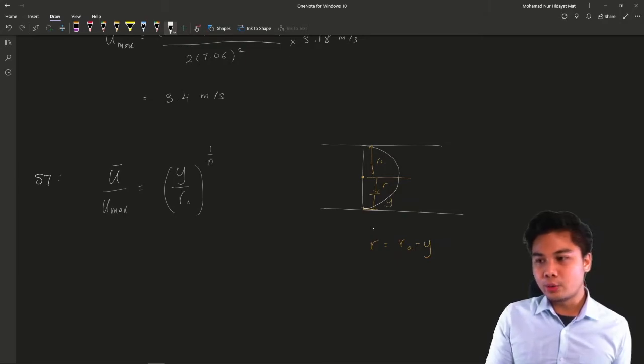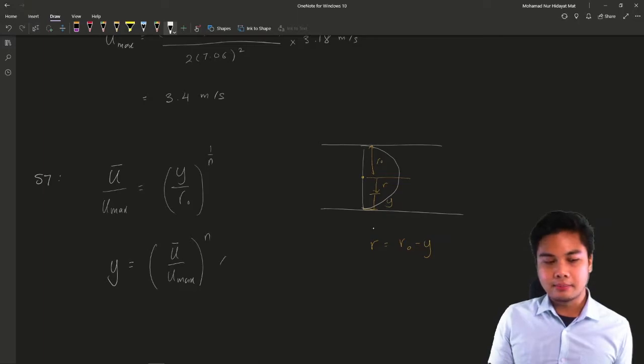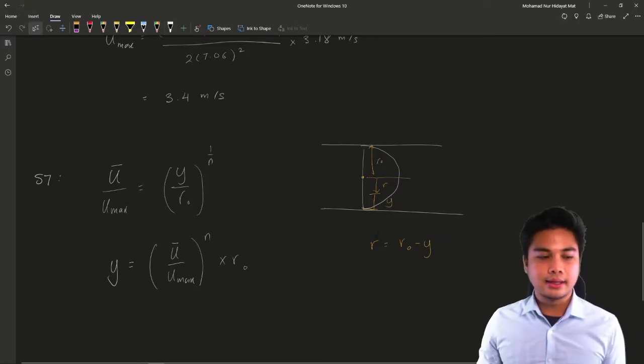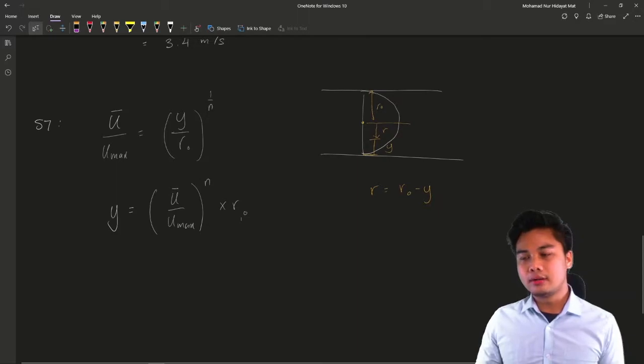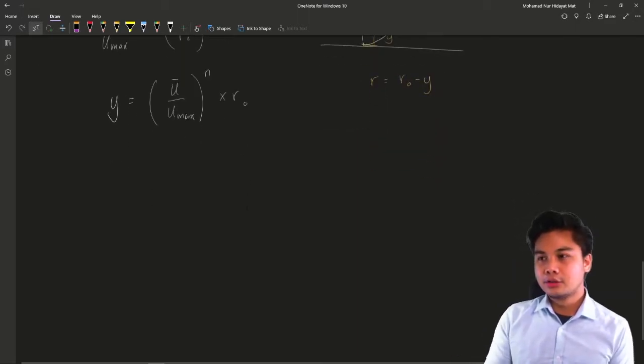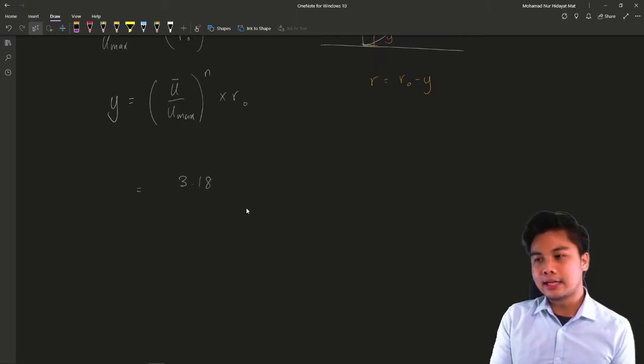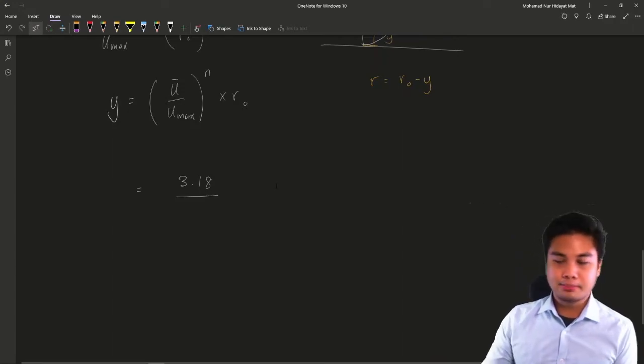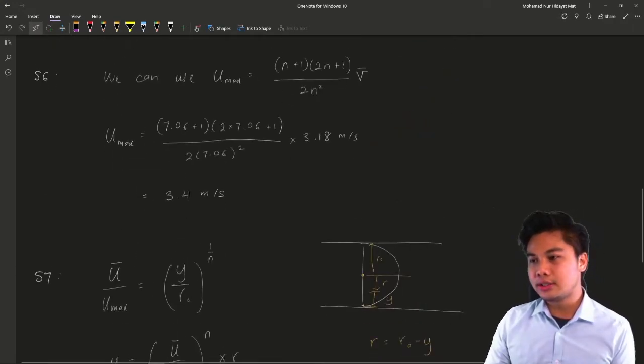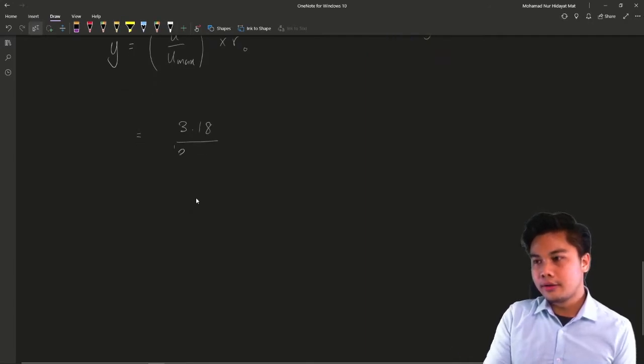So make y the subject: u bar over u max, to the power of n, multiplied with r naught, which is the total radius of the pipe. So u bar is 3.18, discovered from the flow rate, over u max, which previously we know is 3.4, to the power of n.